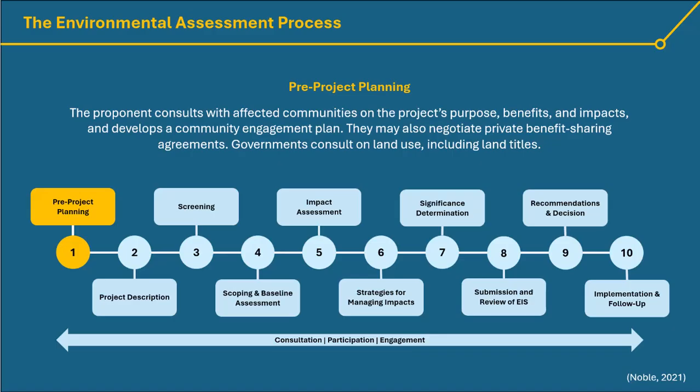So first up in the EIA process is pre-project planning, right? And this is the stage before anything is formally submitted, and it's often invisible to the public, actually. The project proponent will begin by consulting with potentially affected communities, especially Indigenous groups, to identify early concerns and basically co-develop a community engagement plan.